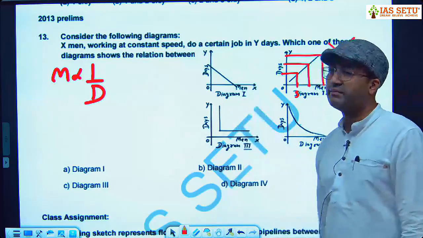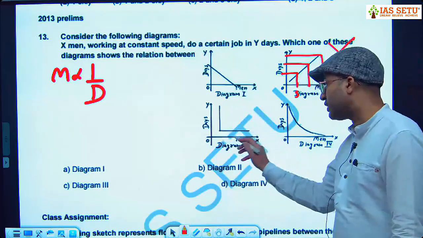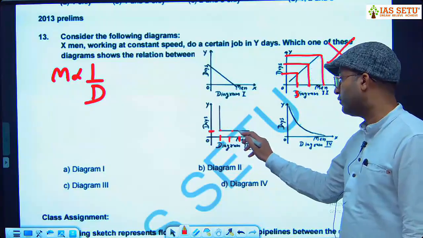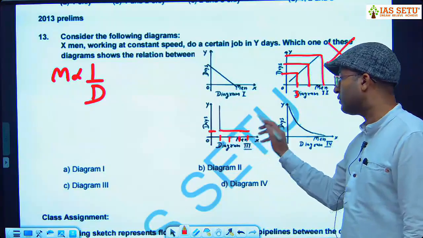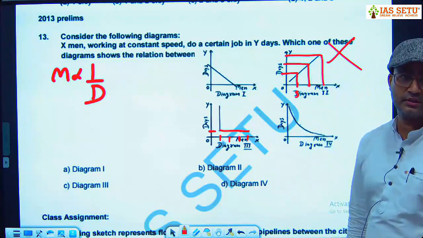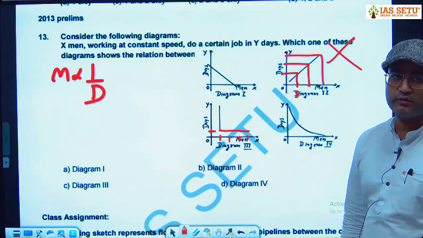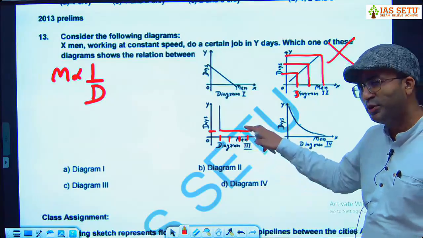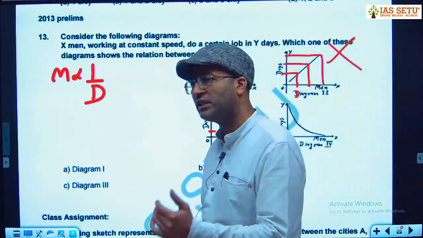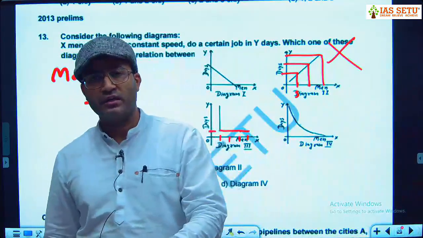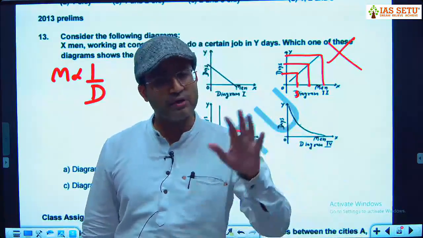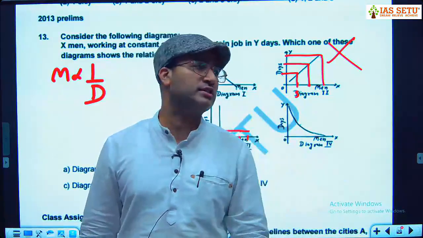Now here diagram number 3. This straight line, 5 men 5 days, 10 men 5 days, 15 men 5 days, 20 men 5 days. They are taking same number of days, but number of men keep on increasing. Although you are going to be part of that system, ठीक है, it's like bureaucracy. ठीक है, एक ऑर्गेनाइजेशन में अगर 5 आदमी सफिशिएंट है, they keep on increasing number of people but same efficiency. 5 आदमी भी वही काम कर रहे हैं, 10 men are doing the same work, 20 men are doing the same work.